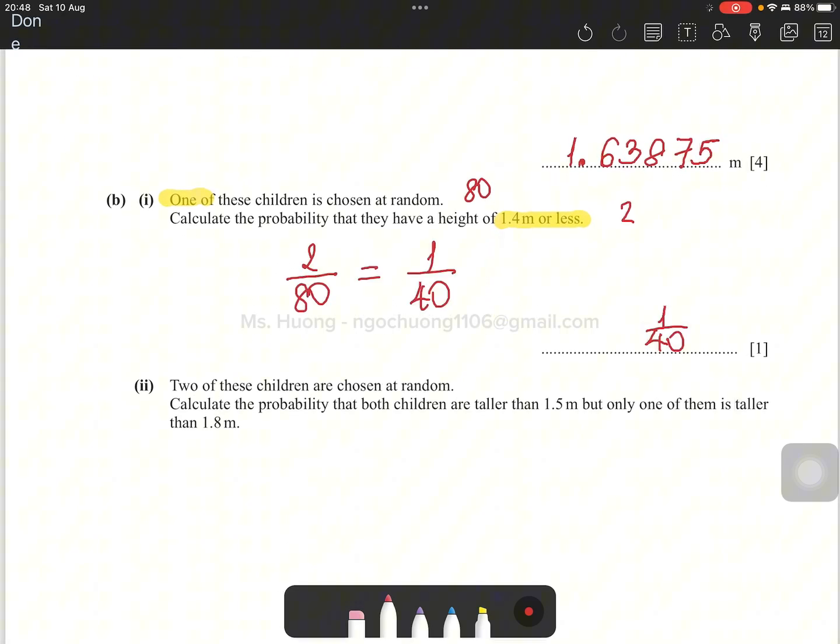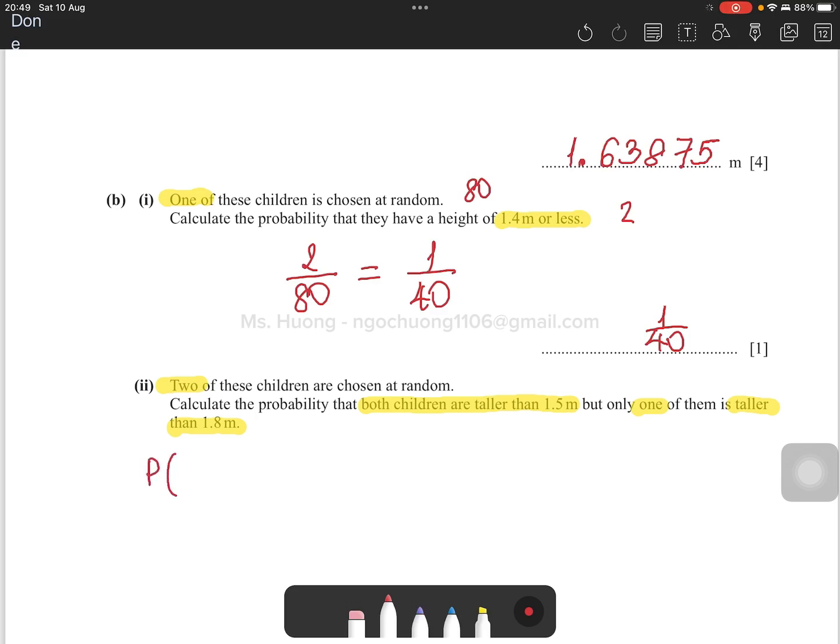Second question. 2 of these children are chosen at random. Calculate the probability that both children are taller than 1.5 meters, but only one of them is taller than 1.8, which means we want the probability that there are 2 children.